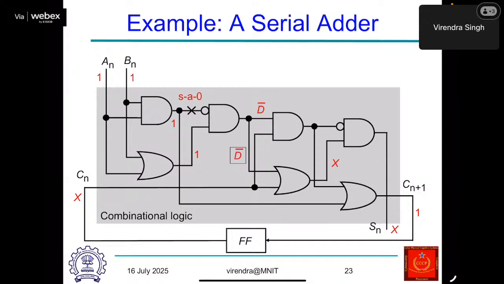So you have one storage element wherein you can take the output and feed it back to the input, and then periodically you supply the inputs, an and bn. The carry generated from that would be supplied to the input.